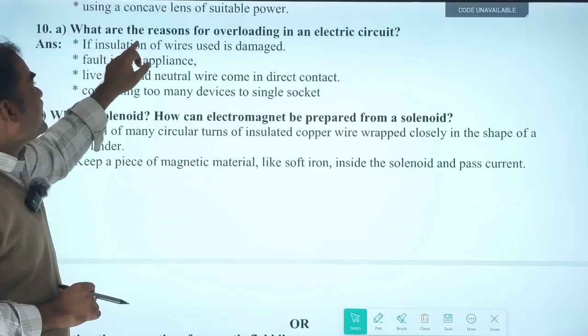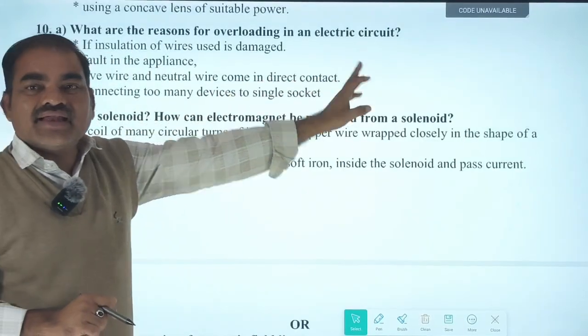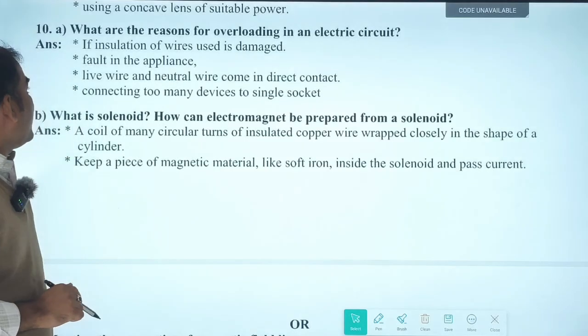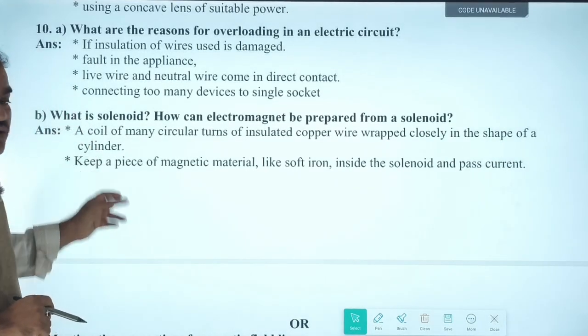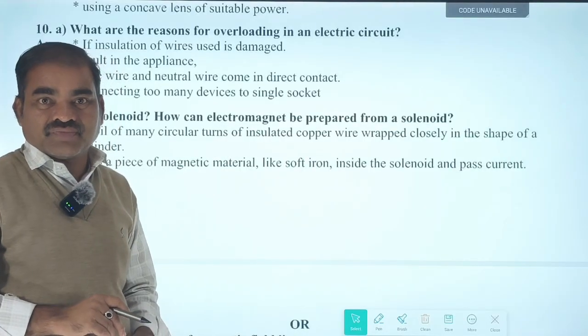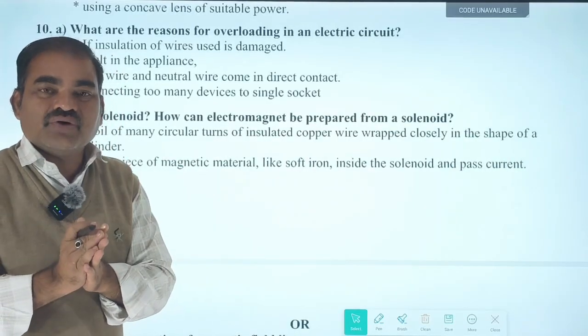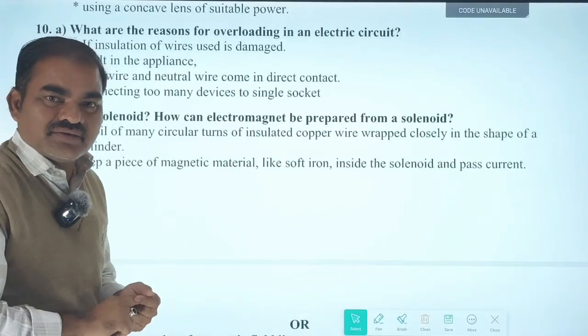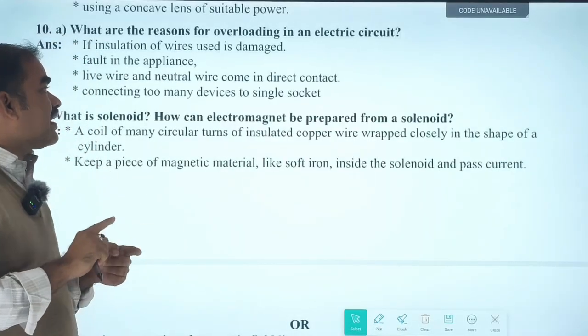Next one. What are the reasons for overloading in an electric circuit? First one is if the insulation of wires used is damaged, the live wire and neutral wire come together.